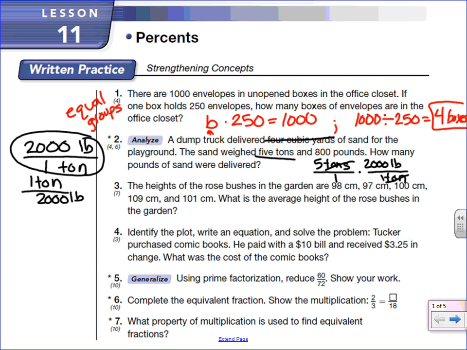And then the 5 and the 2,000 are both on top, so I would multiply them. Well, 5 times 2 is 10, and then 2,000 has 3 zeros, so 10,000 pounds are in the 5 tons. And then it's an additional 800 pounds. So I would say 10,000 pounds plus 800 pounds equals 10,800 pounds.